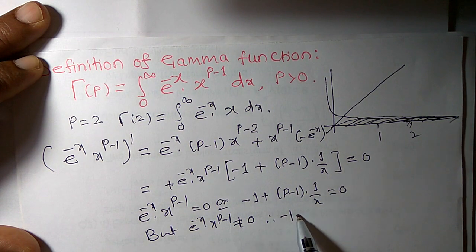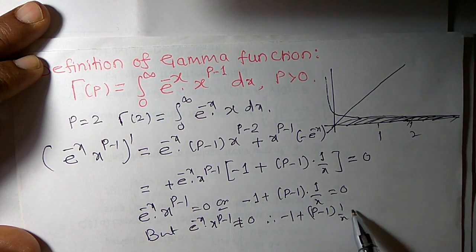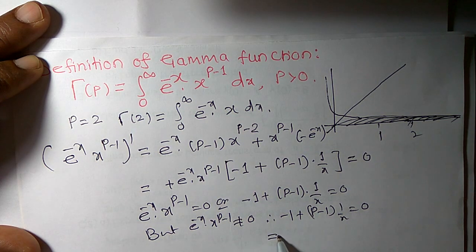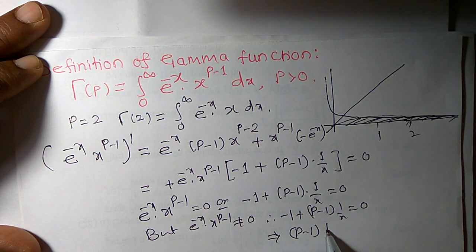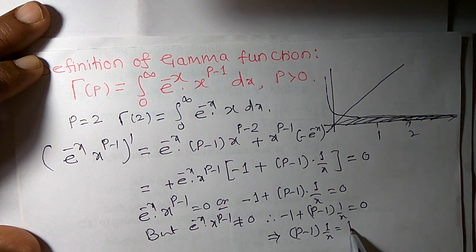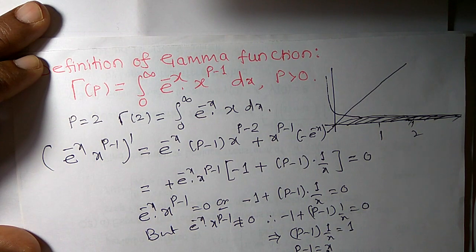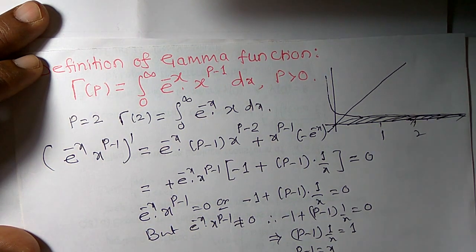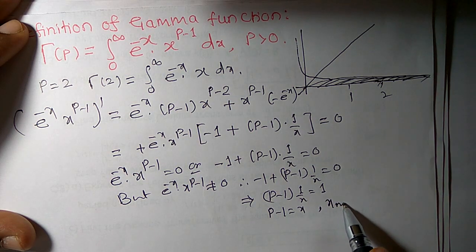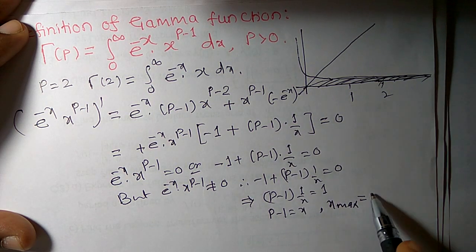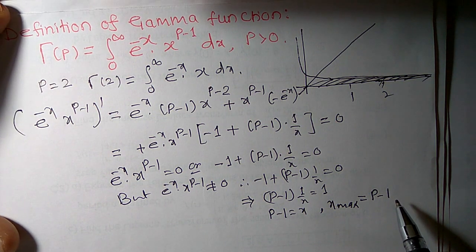Therefore minus 1 plus p minus 1 into 1 upon x is equal to 0. This implies p minus 1 into 1 upon x is equal to 1. So p minus 1 is equal to x. So we can say that the maximum occurs when x is equal to p minus 1.